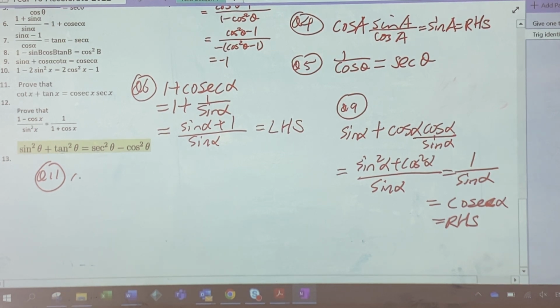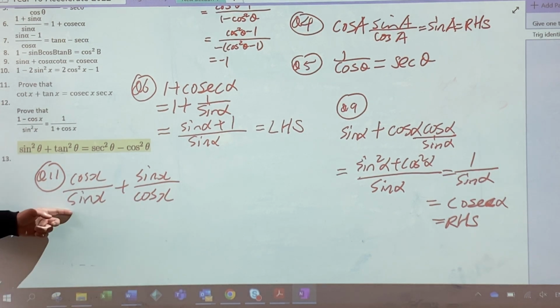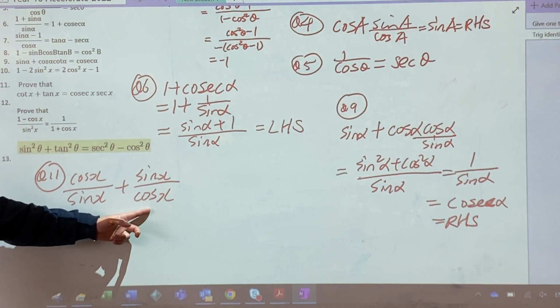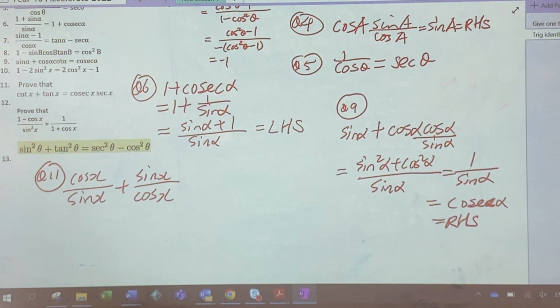Cot is cos x over sine x. Tan is sine x over cos x. I change cot to this, tan into that. Then I found, oh, the denominator is sine, the denominator is cos. I cannot add two fractions with different denominators. What is it? Common denominator.